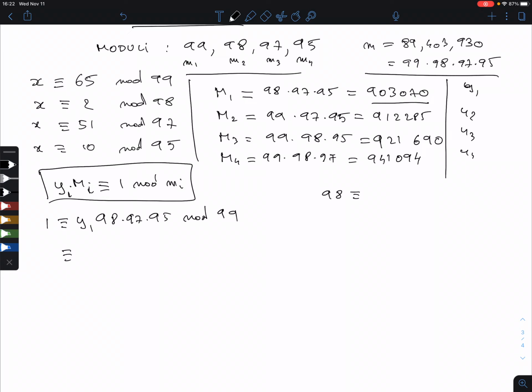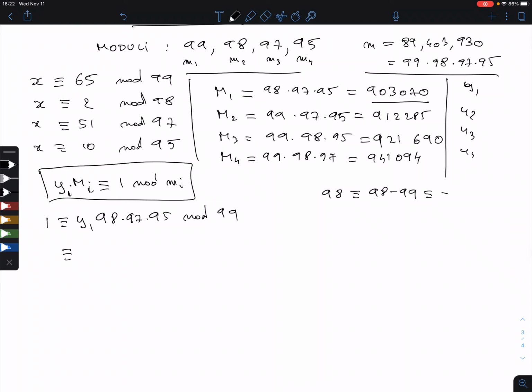Well, a number that is equivalent to it is if I just subtract 99, right? This is very much what we do with degrees. If I tell you 345 degrees, do you know what that is? If I subtract 360, that is minus 15 degrees. So it's 15 degrees below the x-axis. So it's much easier to work with the smaller numbers than with the big numbers. So this is the same as minus 1 mod 99.